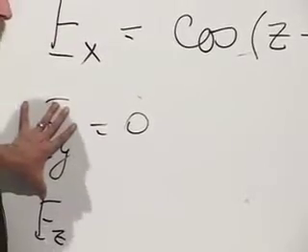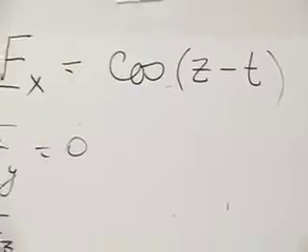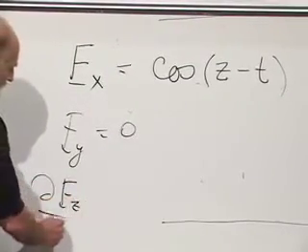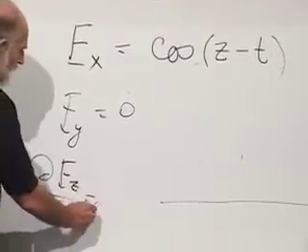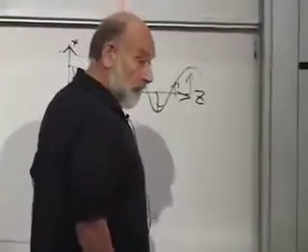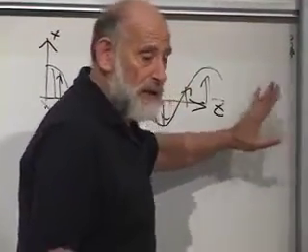These two terms in the divergence of the electric field vanish, so this one must too. What that says is that the derivative of Ez with respect to z must be equal to 0. In other words, the z component of the electric field cannot vary as you move along here. It must be constant.